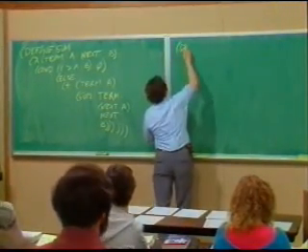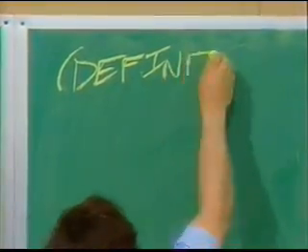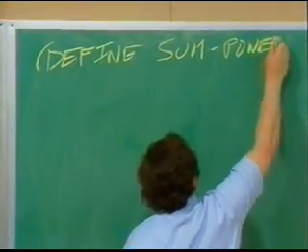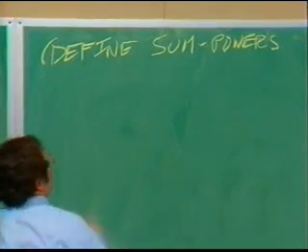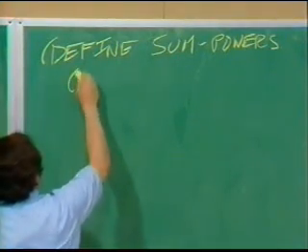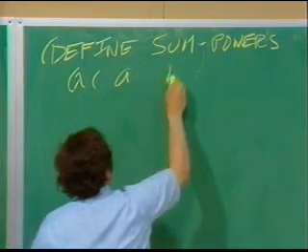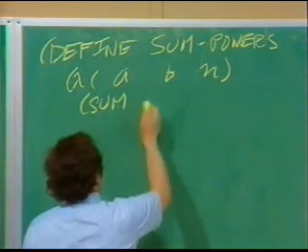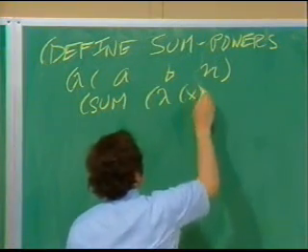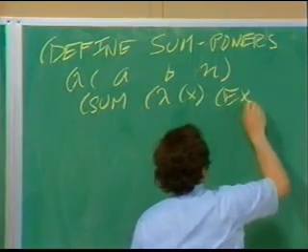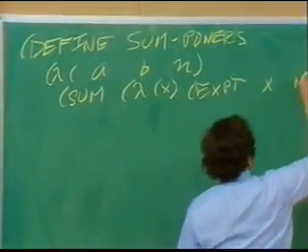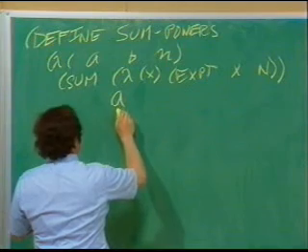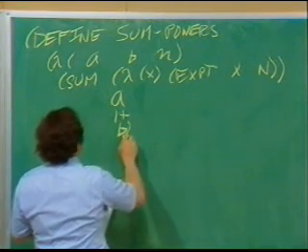We can define the sum of the powers to be, for example, a sum of a bunch of powers x to the n, to be that procedure of a, b, and n, the lower bound, the upper bound, and n, which is sum of lambda of x, that procedure of one argument x, which exponentiates x to the n, with the a, the incrementer, and b being passed along.